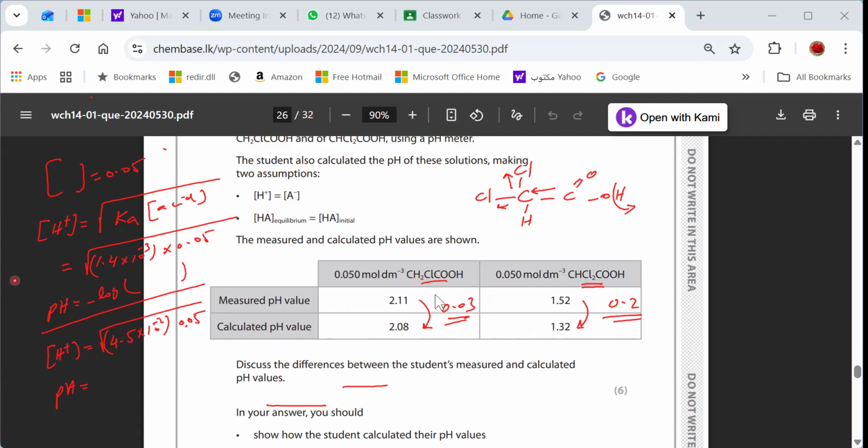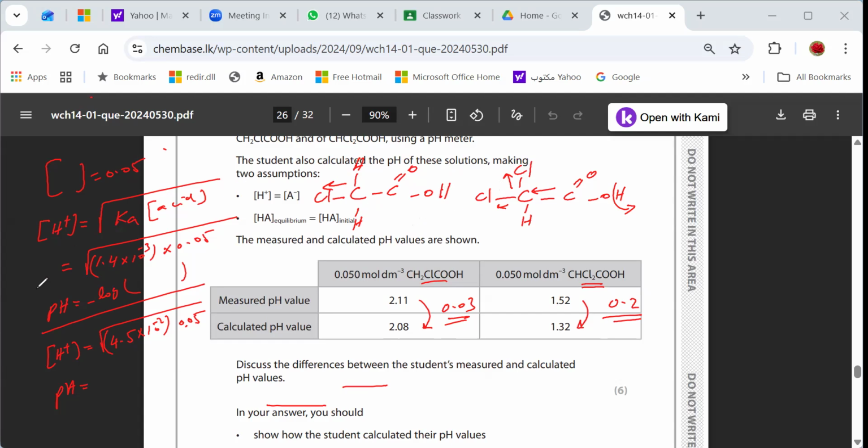Miss, can you explain why the chloro is weaker? Because if you have only one chlorine in the monochloro, you have only one chlorine withdrawing the electrons away from the hydrogen, compared to two. Here, there is only one chlorine. Here, there are two.